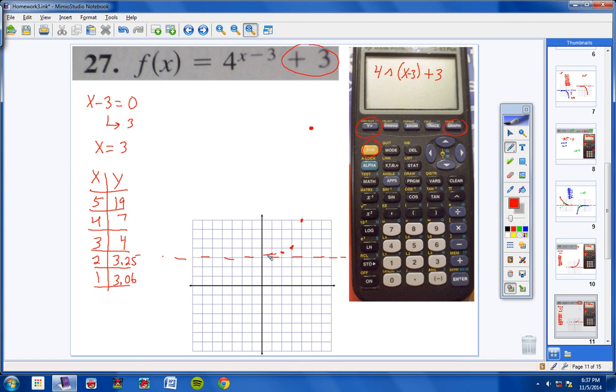So the graph's going to shoot up really quick, which a lot of them will do sometimes. And then bottom out kind of quickly here, but it will not cross that asymptote. Not too difficult. Pretty simple.